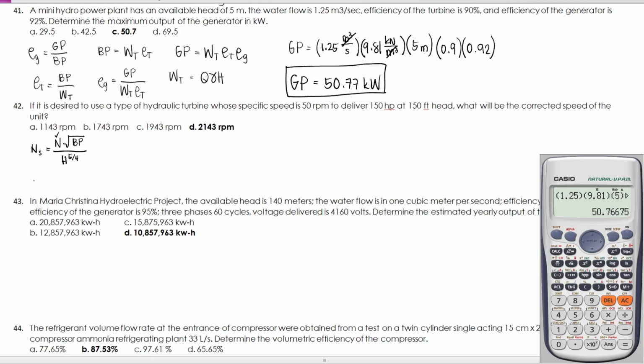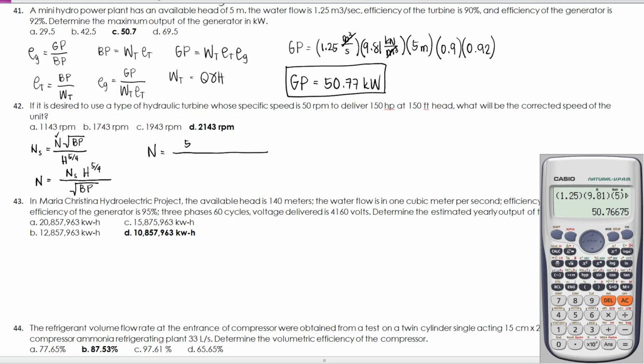So, para madali natin makalculate, i-manipulate lang natin siya, cross multiply, para diretso ng N ang ating makukuha. So, yung specific speed nating NS, i-cross multiply lang natin itong H raised to 5/4. Tapos, i-divide lang natin yung square root ng brake horsepower. Para diretso, ang makukuha natin is yung corrected speed.